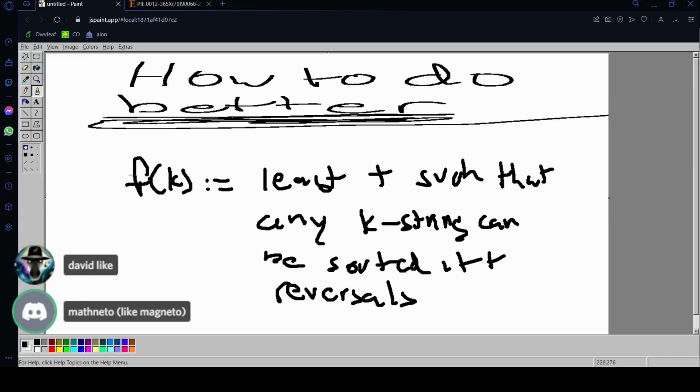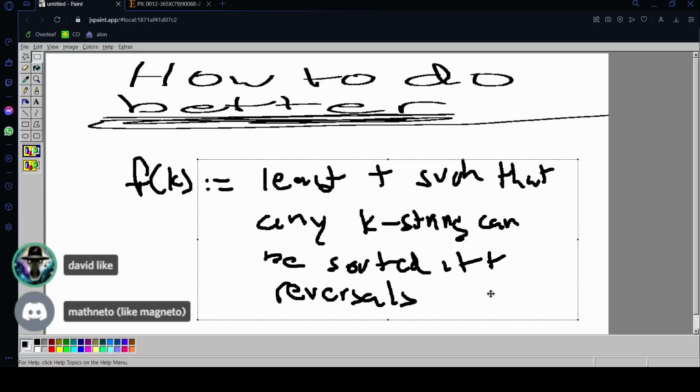So that's our function. It basically just says, for any rearrangement of the numbers 1 through k, we can sort it by using at most t reversals.